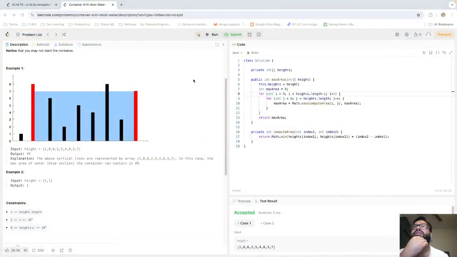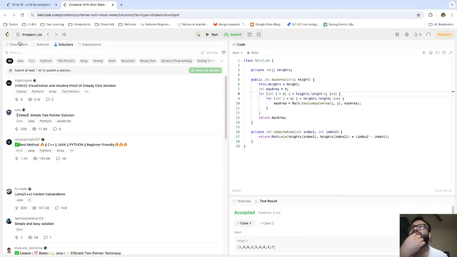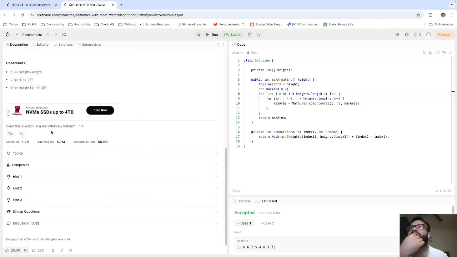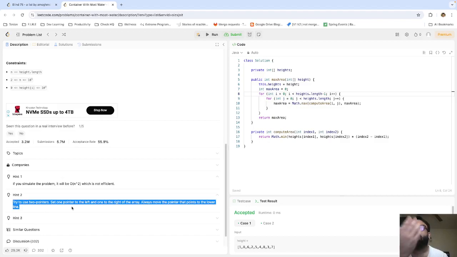I'm not sure about this. I need to see the solutions. For a hint, they say if it's an order n squared answer which is not efficient, try to use two pointers. I did that. Set one pointer that points to the lower line.